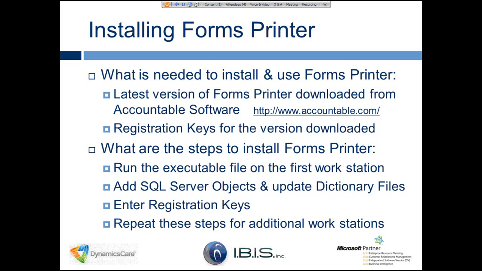When you download the executable file from their website, it comes along with instructions on how to do so, and once again, these are fairly easy with the instructions. Then within Dynamics GP, you want to enter the registration keys, and then just repeat those steps for the additional workstations, any workstation that you want to be using Forms Printer with.